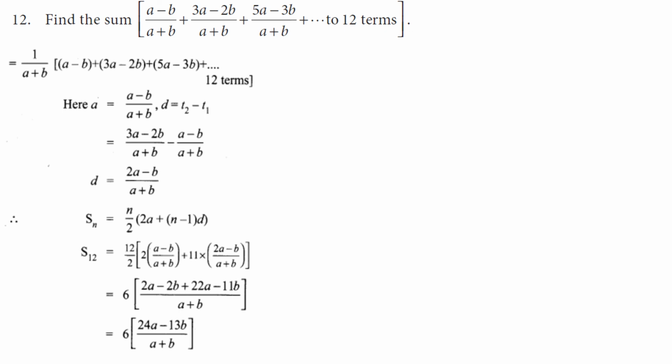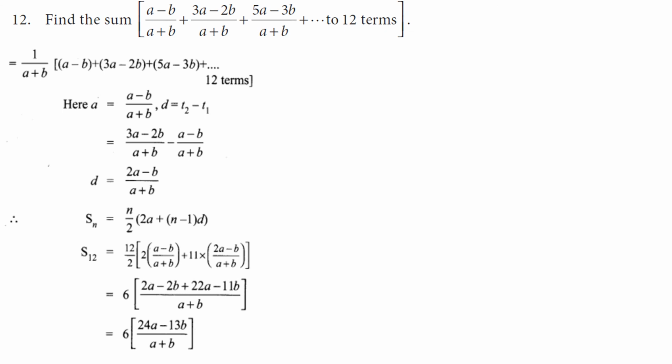Substitute the value. n is 12, 12 by 2, 2 into a value substitute plus (n minus 1) into d, which is (2a minus b) by (a plus b). So 12 by 2 is 6, a plus b you take in the denominator. So multiply with the 2a minus 2b plus (n minus 1) into (2a minus b).